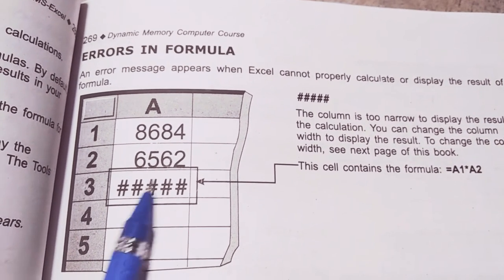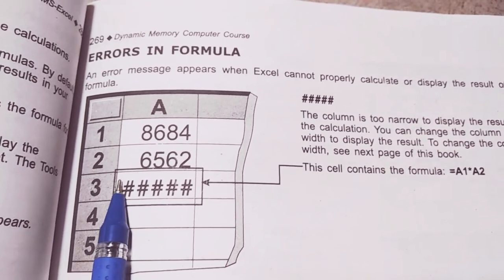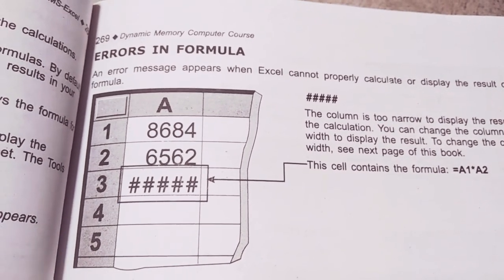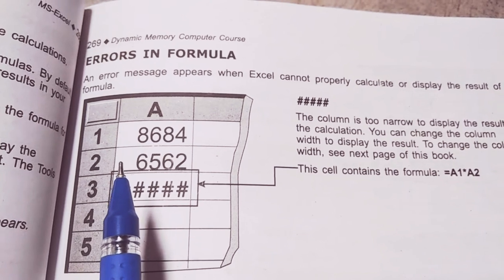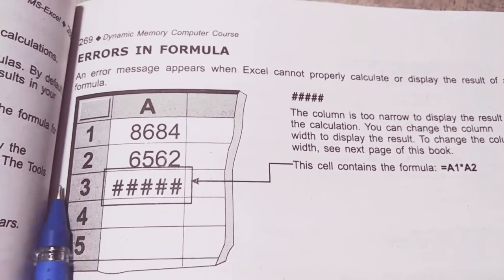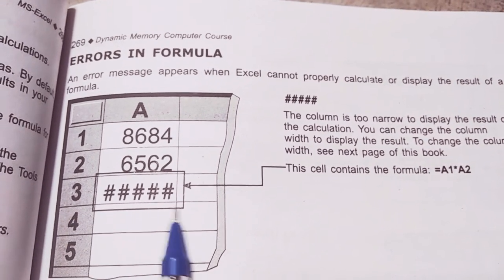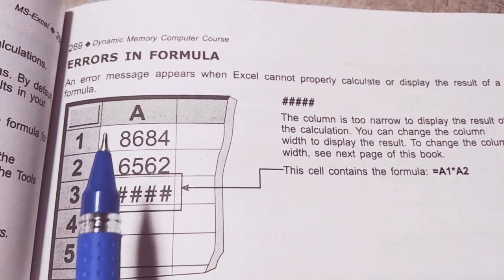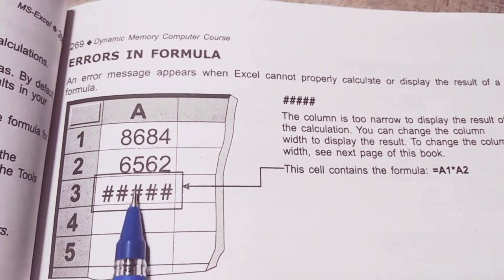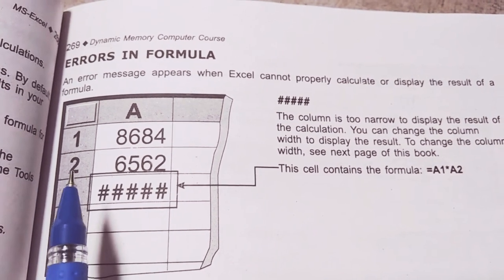When our cell width is very narrow, at that time these types of errors happen. When we widen the narrow cells, it will automatically arrange things and show the exact answer of the formula.